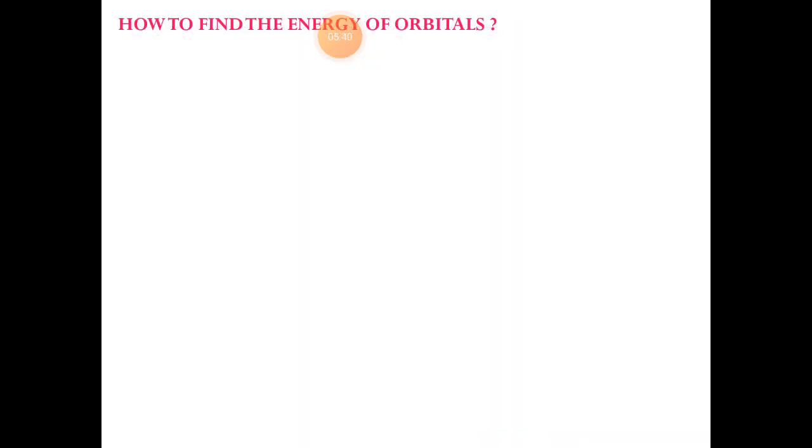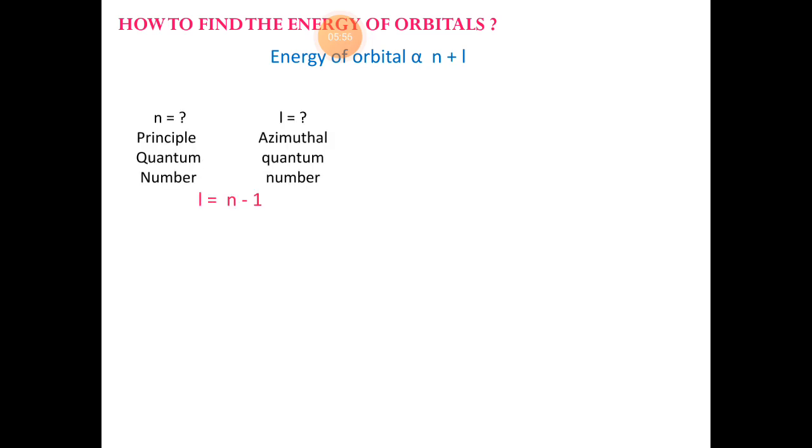Then how to find the energy of the orbitals? The energy of the orbitals depends on two numbers. Here we see that the energy of an orbital is directly proportional to n plus l. n is the principal quantum number and l is the azimuthal quantum number.